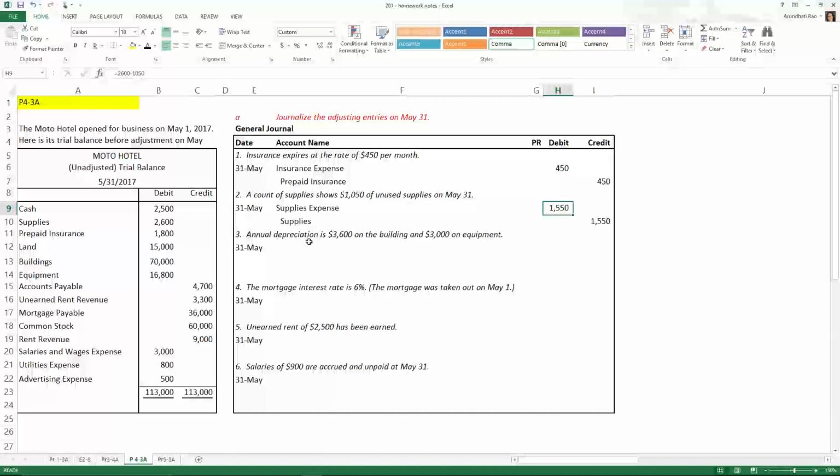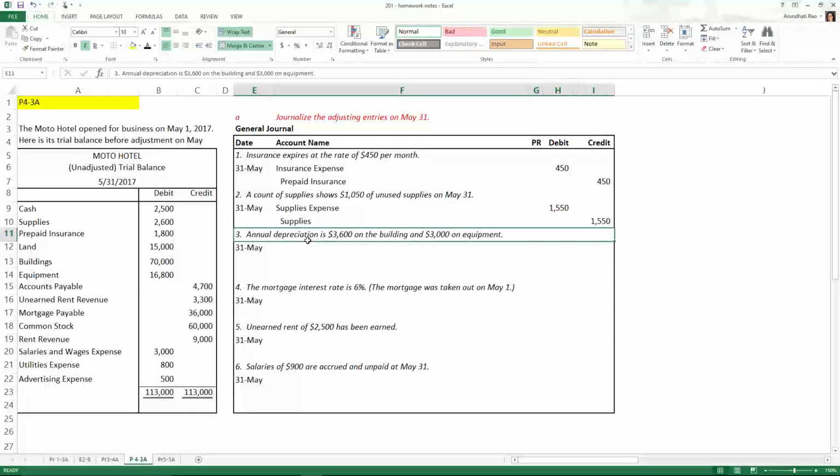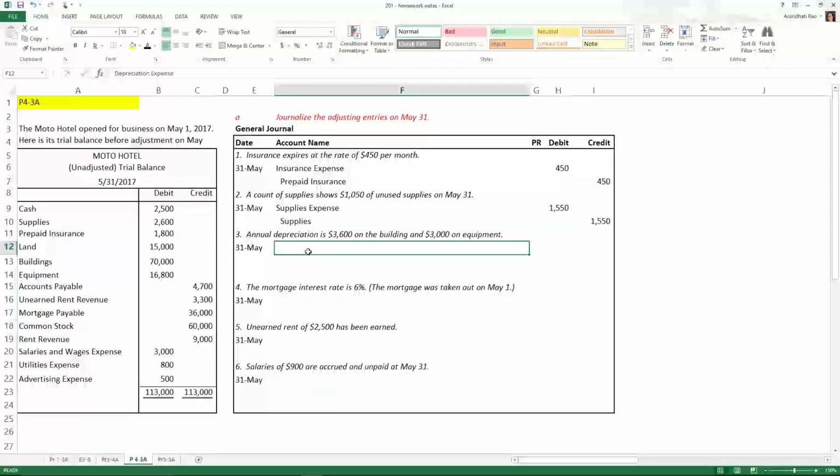The third piece of information we've been given is about our assets, building, and equipment. We are told that the annual depreciation is going to be $3,600 for building and $3,000 for equipment. The journal entry is depreciation expense debit and accumulated depreciation credit.